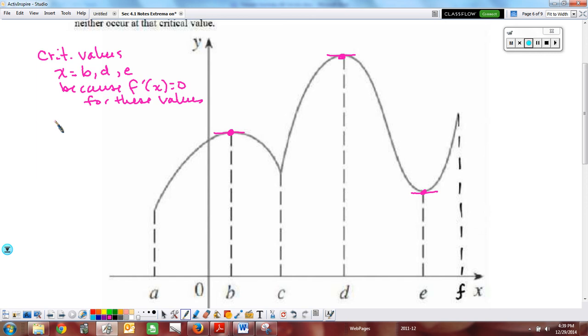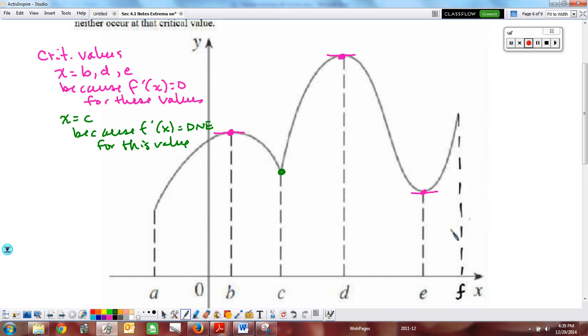Then we also have the critical value that occurs here at c, x equal to c, and that's because your derivative, f prime of x, does not exist for this value.